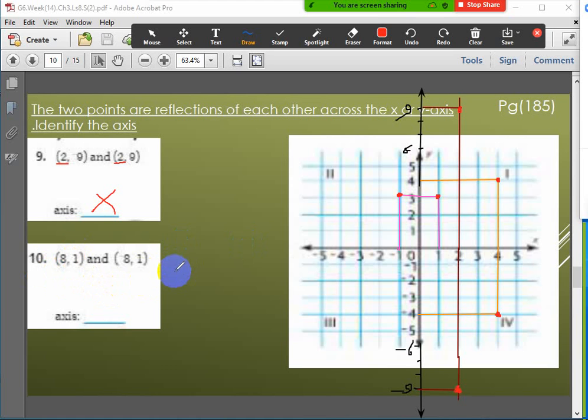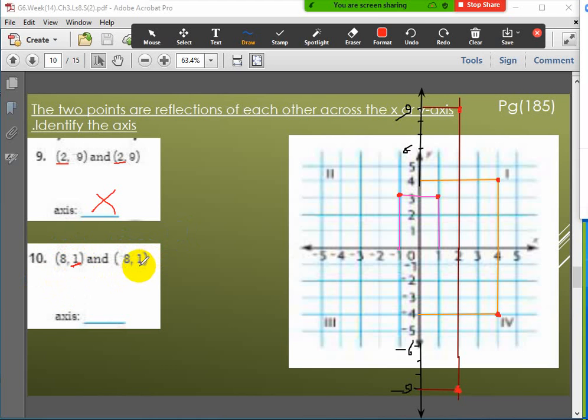Look, I told you, when we have the same coordinate in 2 points and the other will be the opposite, what is the coordinate that is the same? That means this is the line of symmetry. This is (8, 1), (-8, 1). Which coordinate is the same in those 2 points? Again, which coordinate is the same?